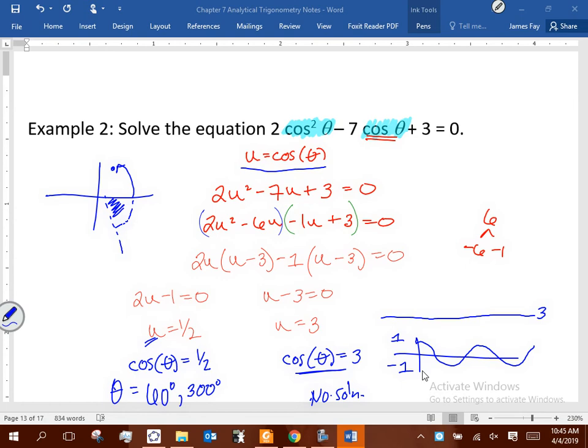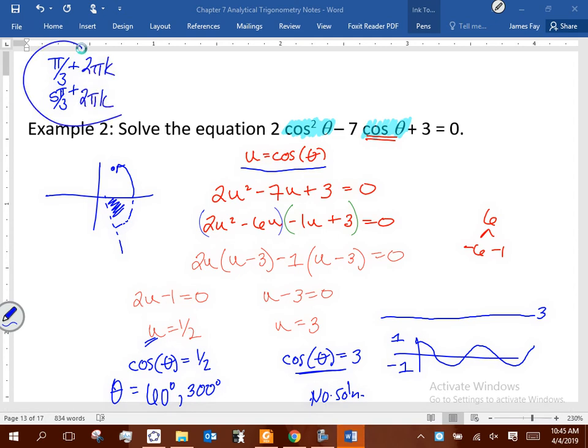Obviously, you got the unit circle approach of viewing it as well. If I wanted to write these as radians, it would be, what, pi over 3 and 5 pi over 3. And if I wanted the infinite solutions, cosine, you add 2 pi k.